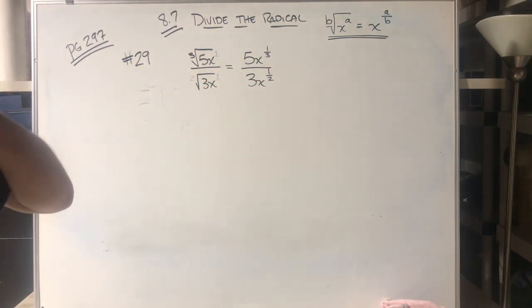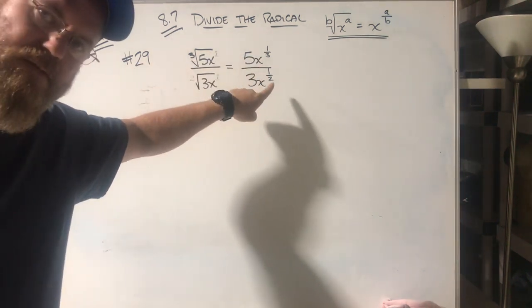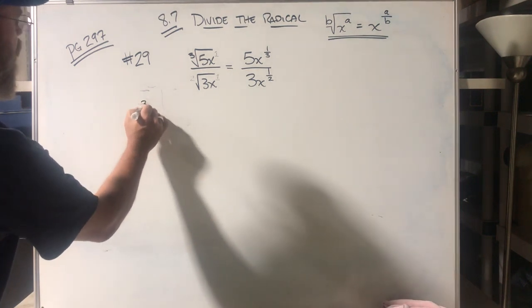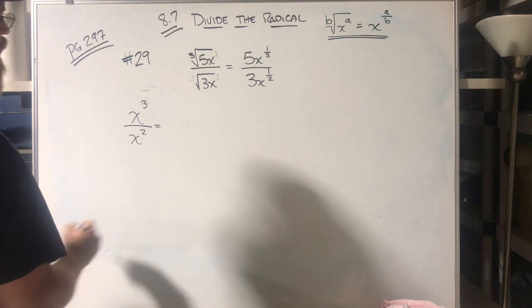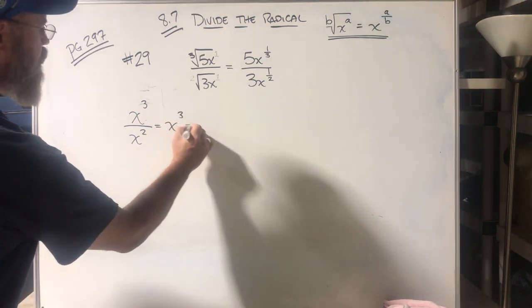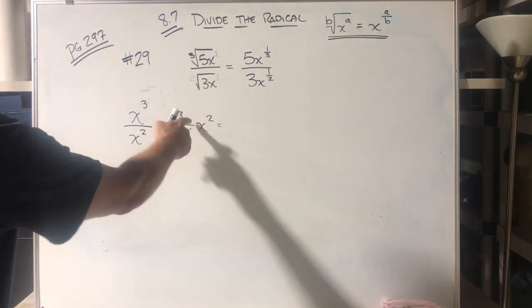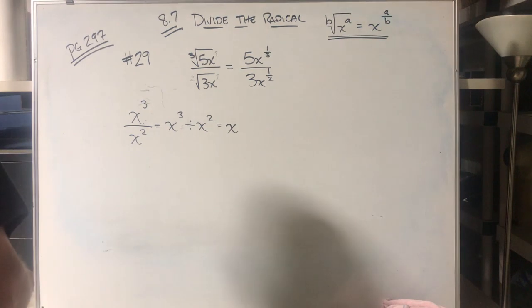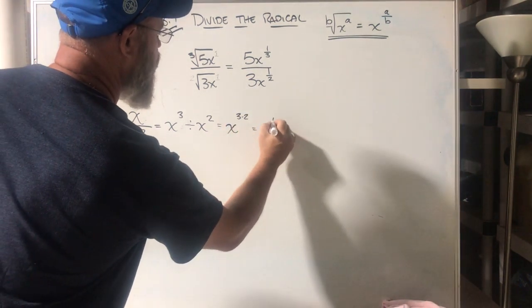So by this property, we know that we can rewrite it as 5x to the third over 3x to the 1/2. Now, when we divide exponents, if I had x to the third over x squared, that's the same thing as x to the third divided by x squared. And when we divide exponents, all we do is we keep the variable and we subtract the exponents.